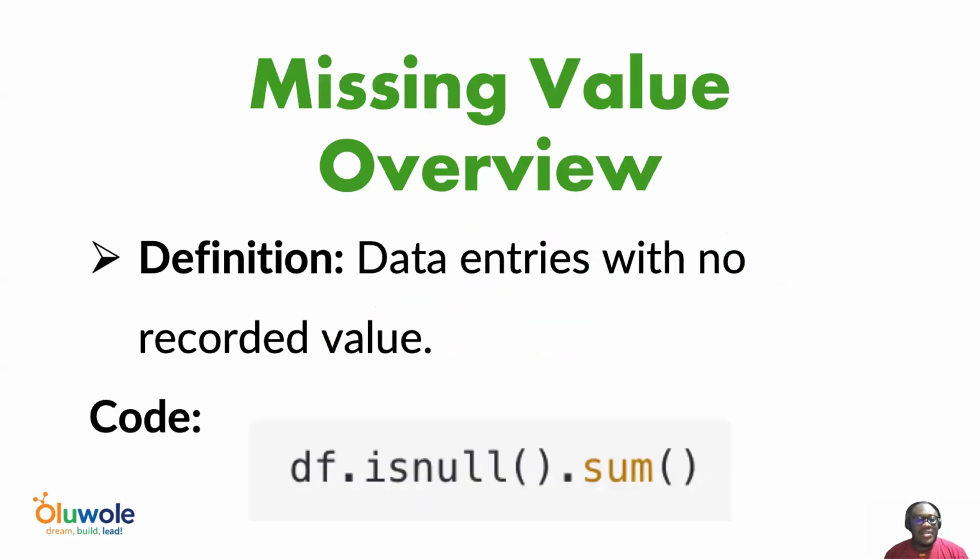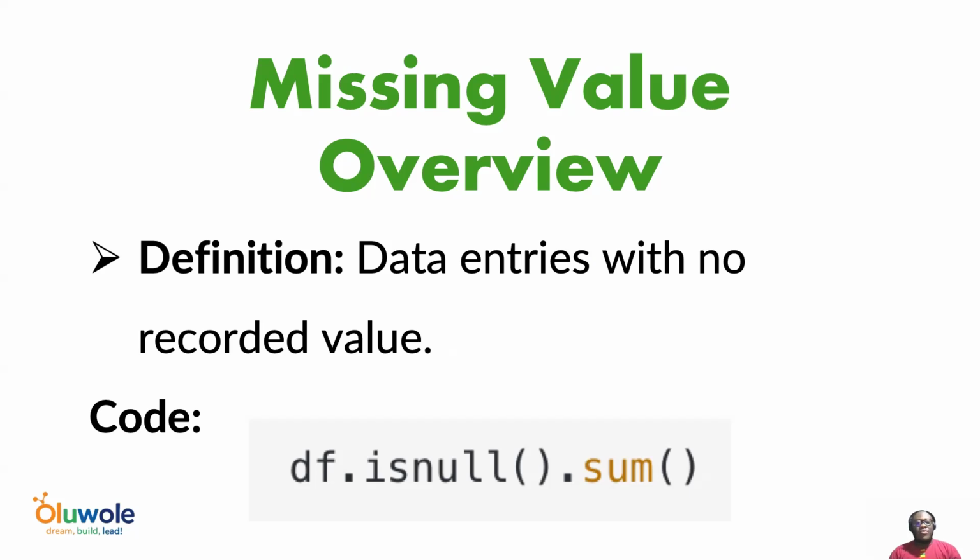So how do I know I have a missing value? What is a missing value? These are data entries with no recorded value. And this is the code to check. When you want to check the entries in your data frame or data set, you use df.isnull().sum().